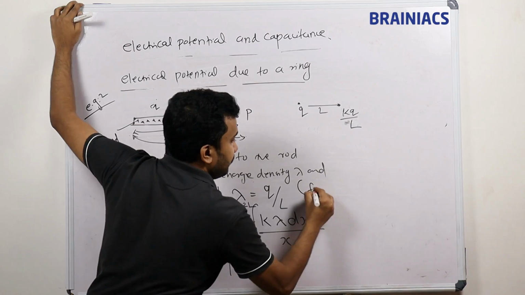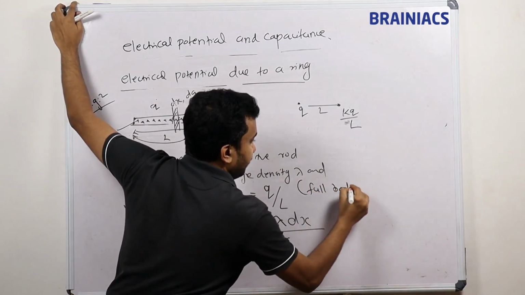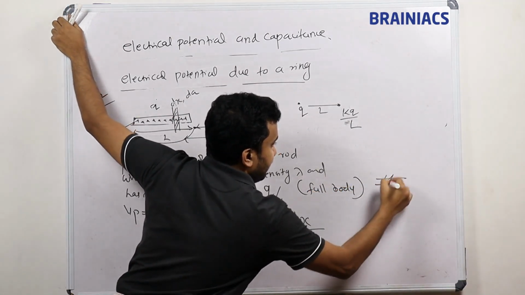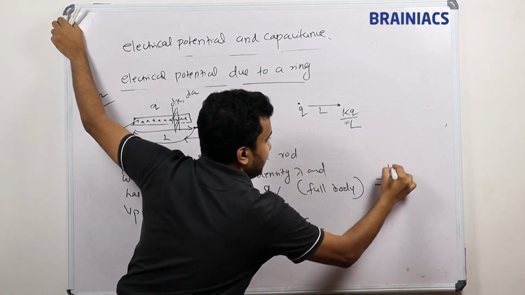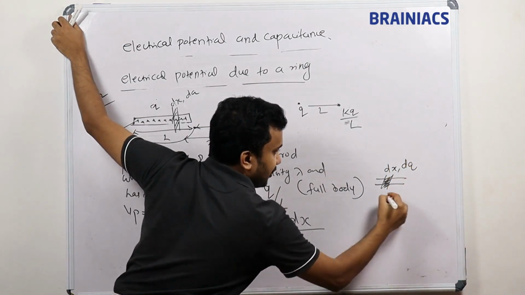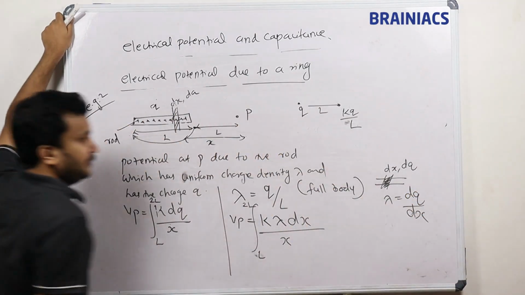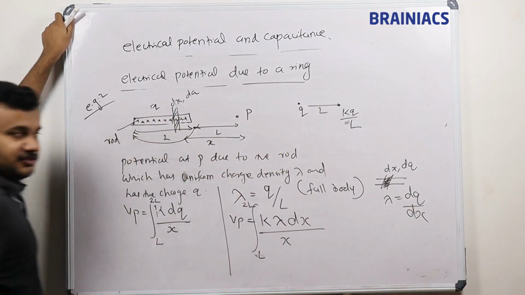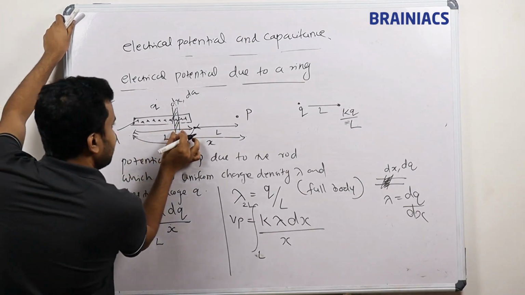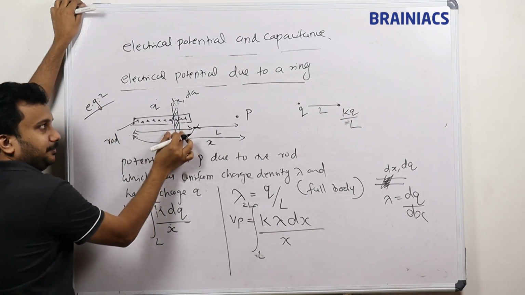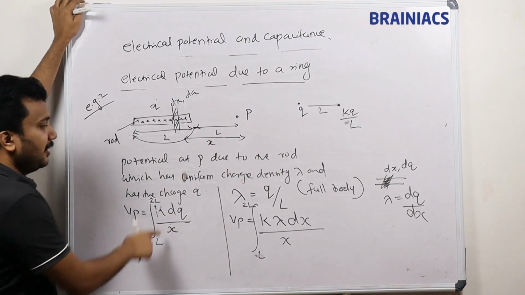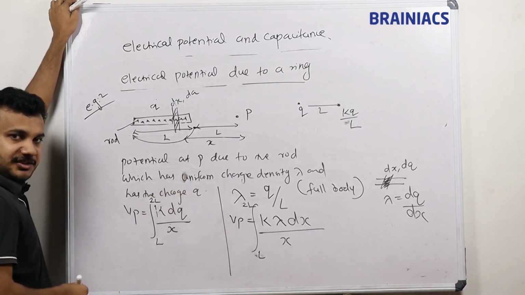This is for the full body. If you take a dx portion, which contains dq charge, lambda will be dq by dx. This is for that small strip, charge by its length. So dq by dx is called lambda.